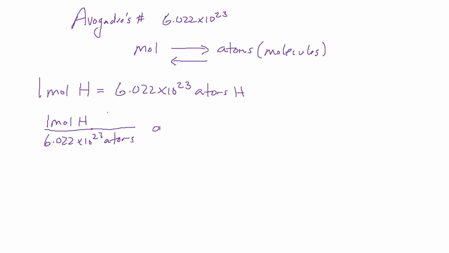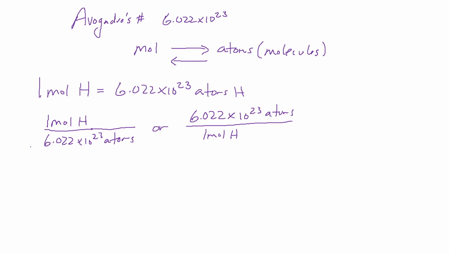Or like any conversion factor, you basically just flip it around and put the 6.022 times 10 to the 23 atoms up on top and a mole on the bottom. We use both of these conversion factors. Like most conversion factors, you'll use whichever one you need for your calculation.